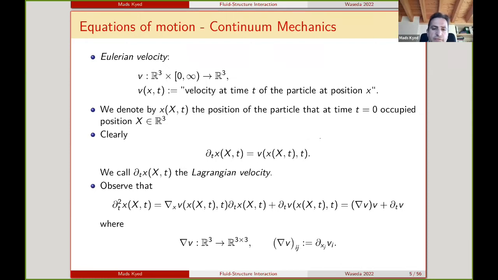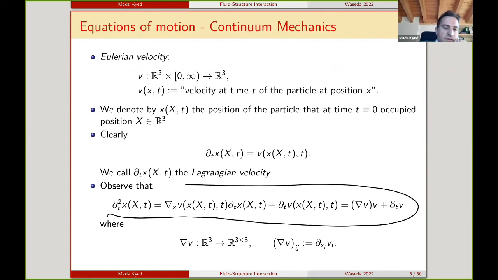So if we differentiate in our equation here one more time in t, we get, well, with the chain rule, the identity that you see here. So this is just basically the chain rule.